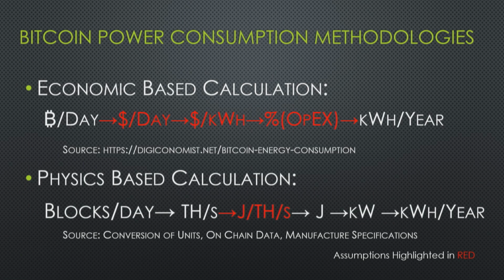One thing is, we often see widely cited articles quoting extreme amounts of electrical consumption based on proof of work mining. I think the big misconception is how those numbers are derived. The most widely cited source I've seen over the past 5 or 6 years is the Digiconomist site, and they perform an economic-based calculation.